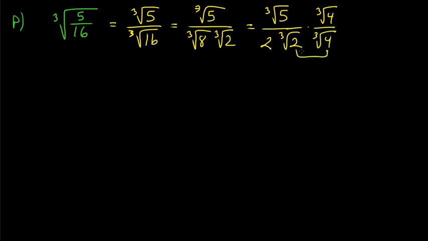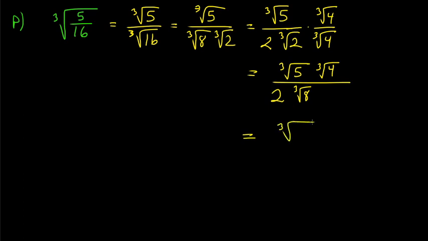Right? So 2 times 4 is 8. That will get rid of the cube root. So cube root of 5 on top, 2 cube root of 2 times 4 is cube root of 8. And then we have the cube root of 4 in the numerator. So yeah, cube root of 8 is just 2, and 2 times 2 is 4.